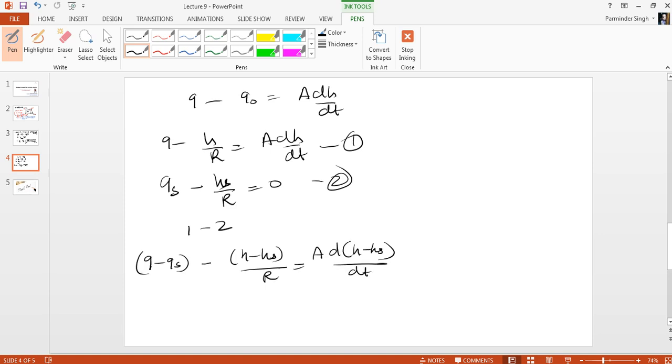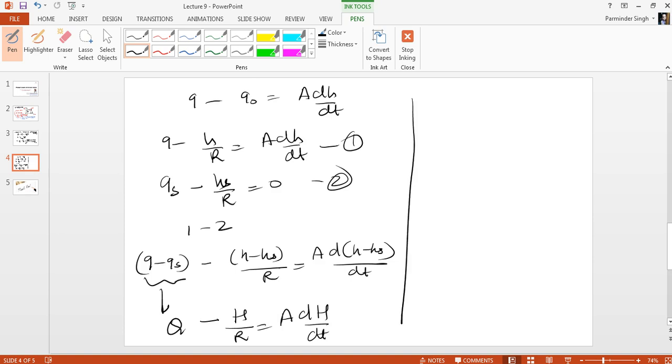Now Q minus Qs can be replaced by capital Q, H minus Hs can be replaced by capital H, equal to A dH by dt, which upon rearranging can be written as AR dH by dt plus H equal to R times Q. Clear?